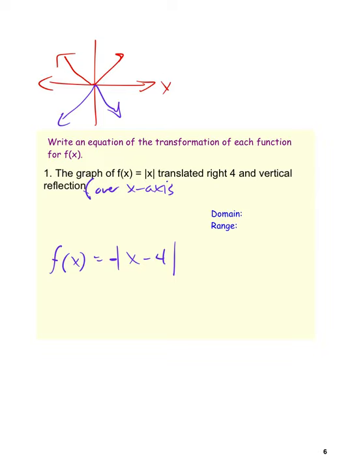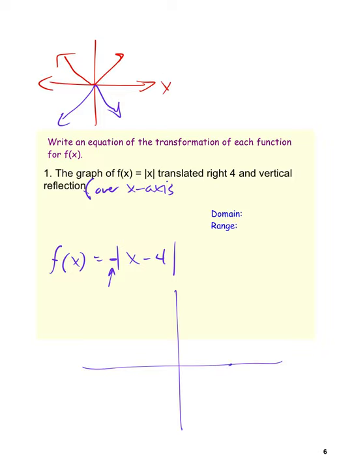Okay, so again, you had the choice of putting the negative out front or inside. And in this case, because we wanted that reflection to be vertical or over the x-axis, we want to put that out front along with the minus 4 inside to get that translation 4 units to the right.